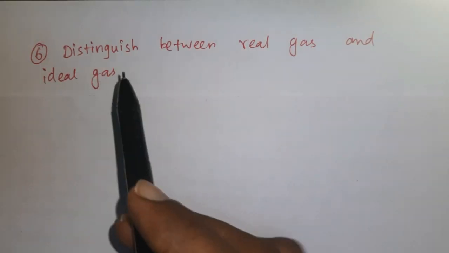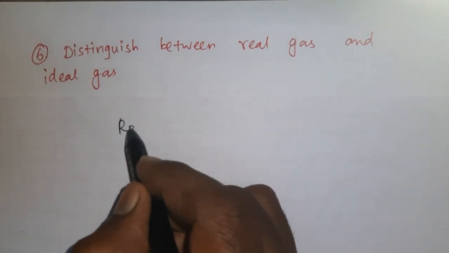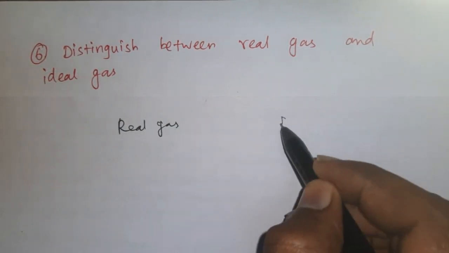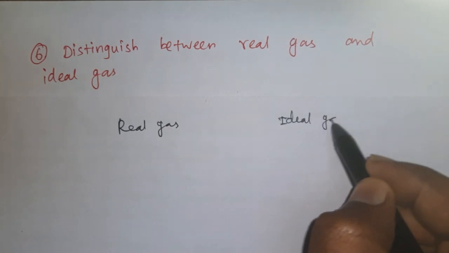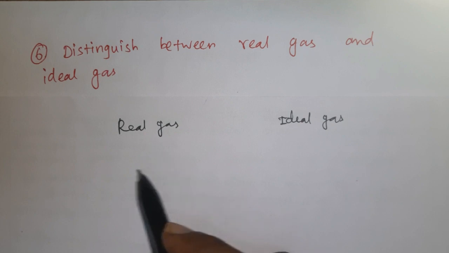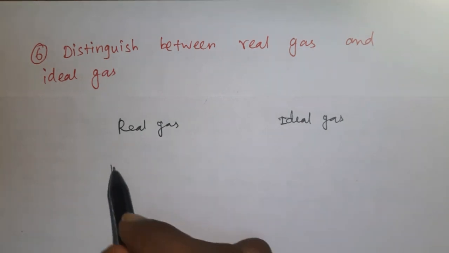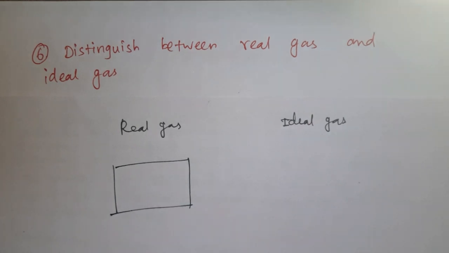Question number 6. Distinguish between real gas and ideal gas. So this is real gas. This one is ideal gas. Major difference here: there is an interaction in real gas, but in ideal gas there is no interaction. Consider this container contains a real gas.